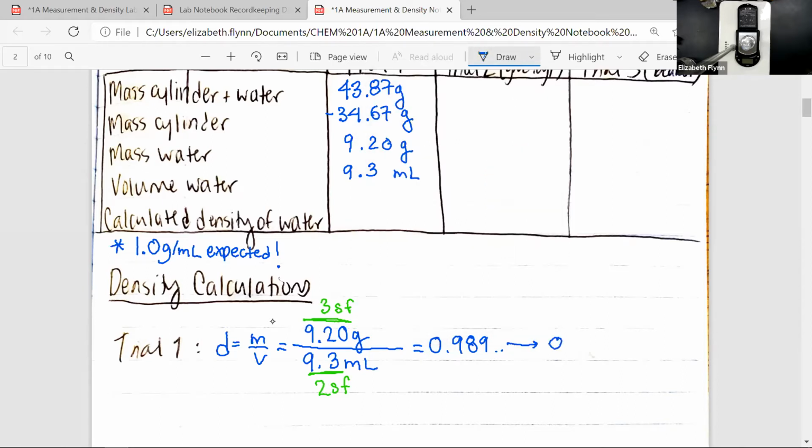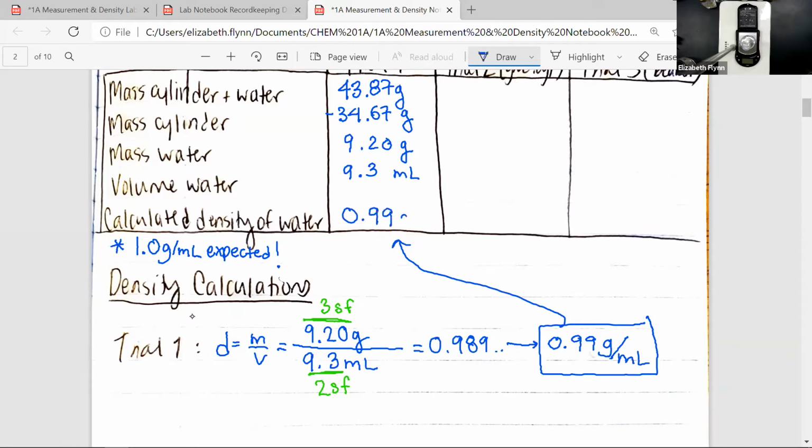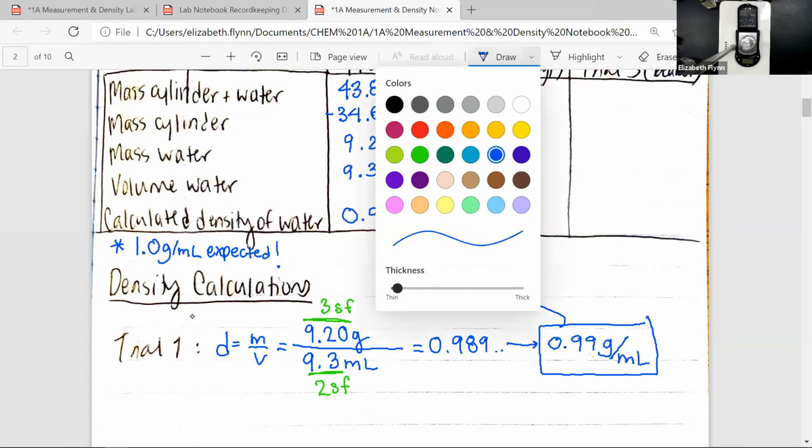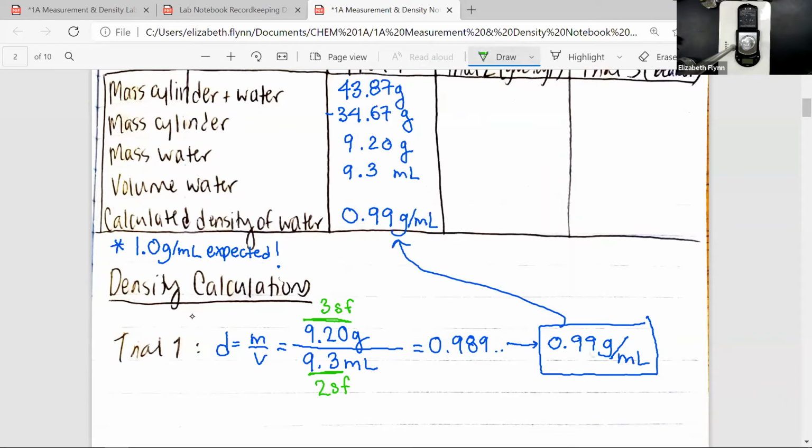So 0.99, and we need to keep these units of gram per milliliter. Make sure that you then write this up here for your calculated density of water, 0.99 grams per mil. We have two significant figures because we don't want to lie and record our final density with more significant figures than the instruments provided.